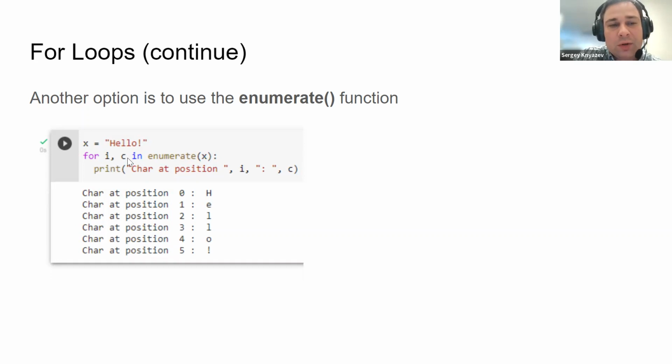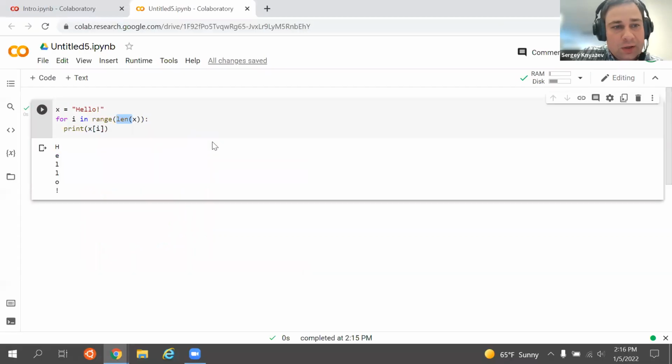But sometimes it's really convenient to have the character, the element, and its index together. Here enumerate returns you a collection of pairs. So basically it combines both principles.